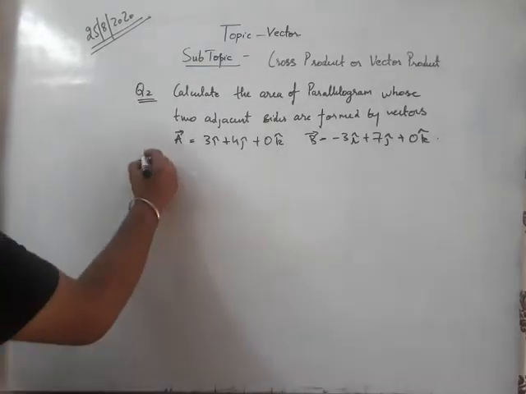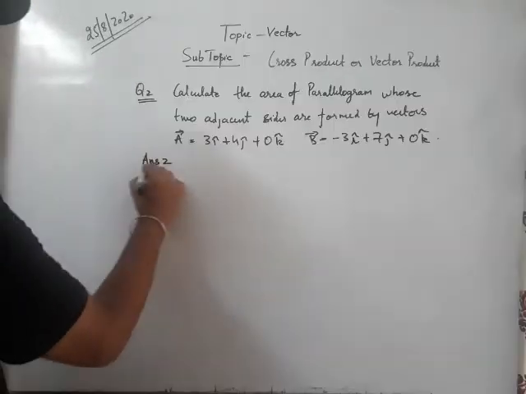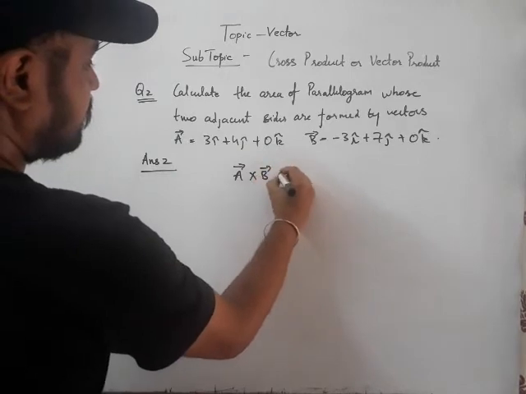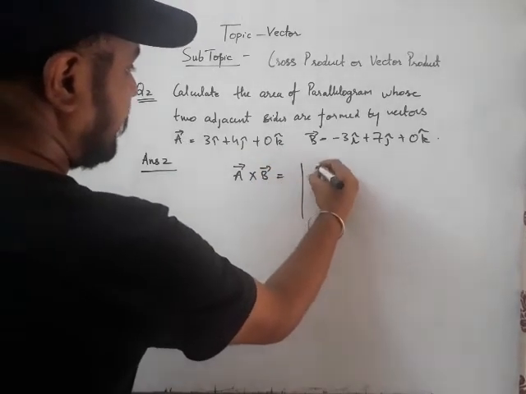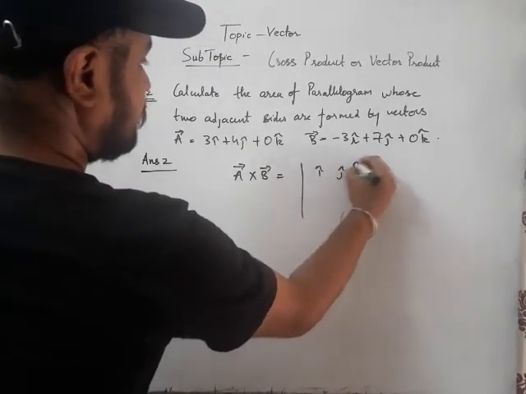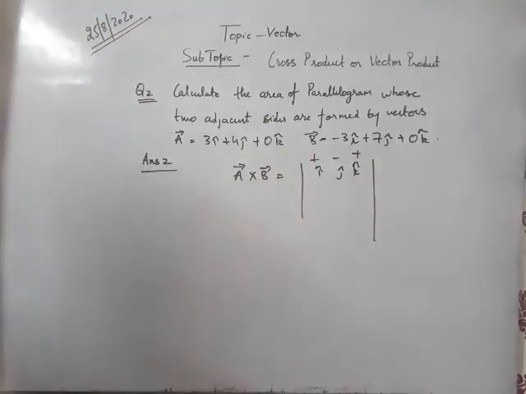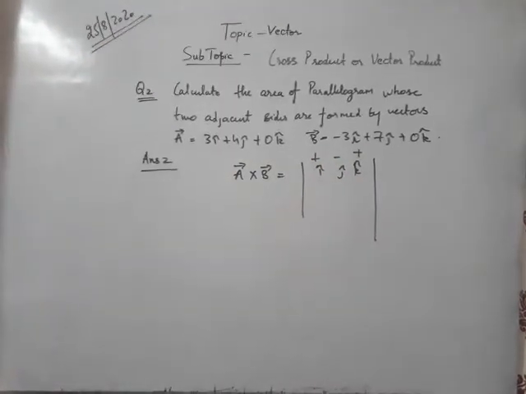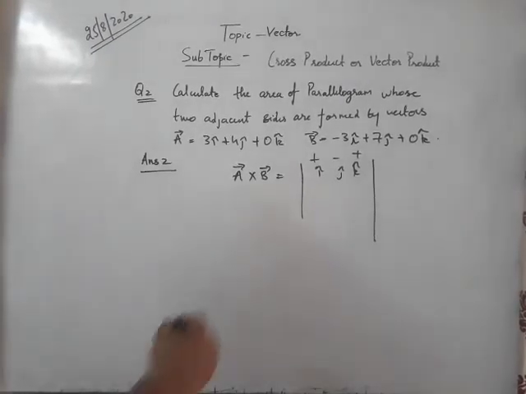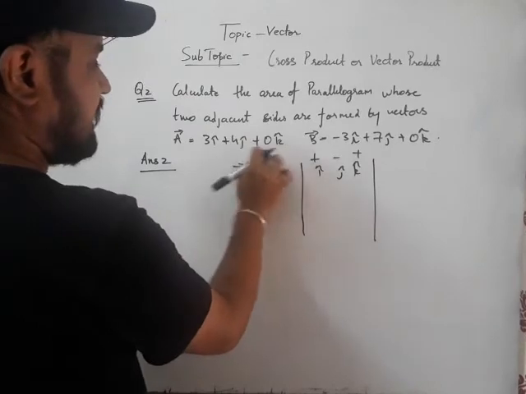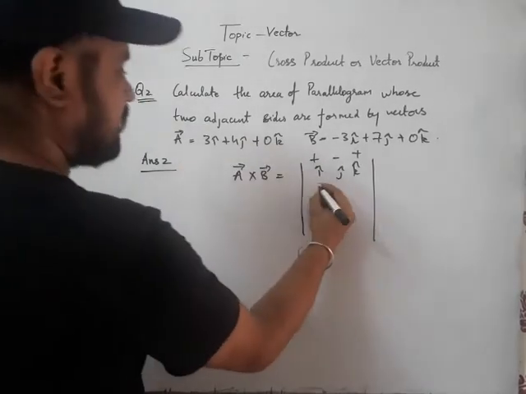First, we will be finding out the cross product, representing it in matrix form: I, J, K, with signs plus, minus, plus. Now we will be writing the coefficients of i cap, j cap, k cap.